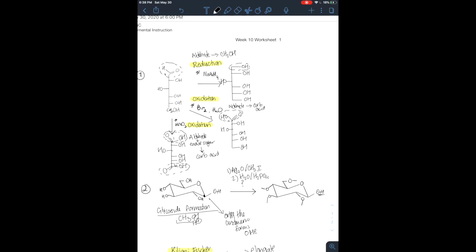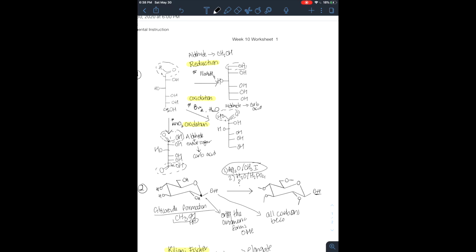Versus when we use the methylation reaction, which involves this Ag2O with CH3I, that'll actually form all carbons become OMe. So we'll most likely use that first reagent since we want to turn all of our carbons, with the exception of the anomeric, of course, into OMe.